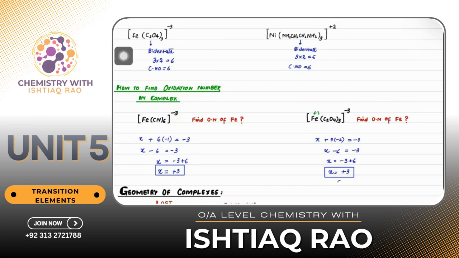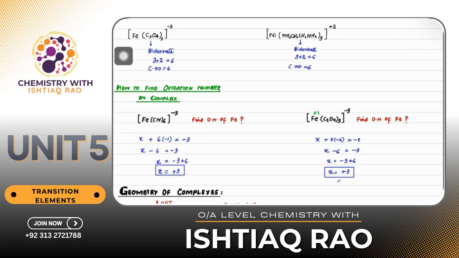So x plus 6 into -1, because cyanide is -1, where x is the charge of iron, which is unknown, is equal to -3. Why? Because the overall charge is -3. Simplifying, x would be equal to +3.